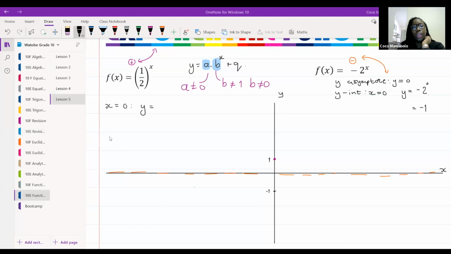That's it. Good. My y value will still be equal to 1. But for this particular graph, I want us to consider something else. What happens if my x is equal to 1? If x is equal to 1, what is y equal to?